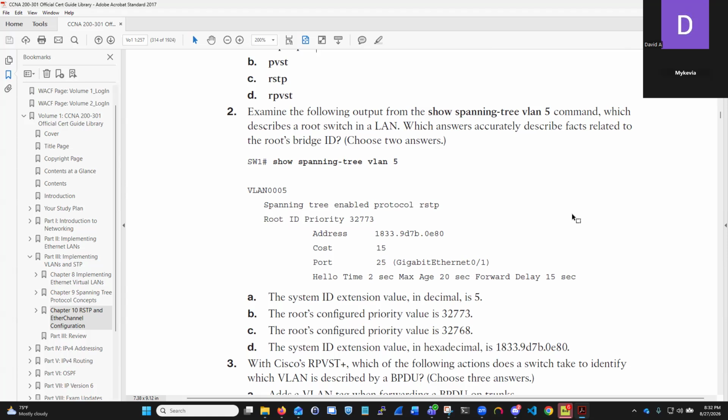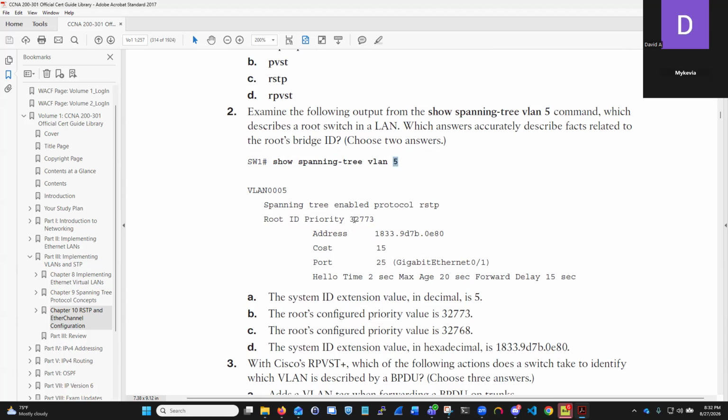Let's break down A and C. I'm going to help you. A: the system ID extension value in decimal is 5. This is saying show spanning-tree VLAN 5, and the system ID extension is the VLAN number.